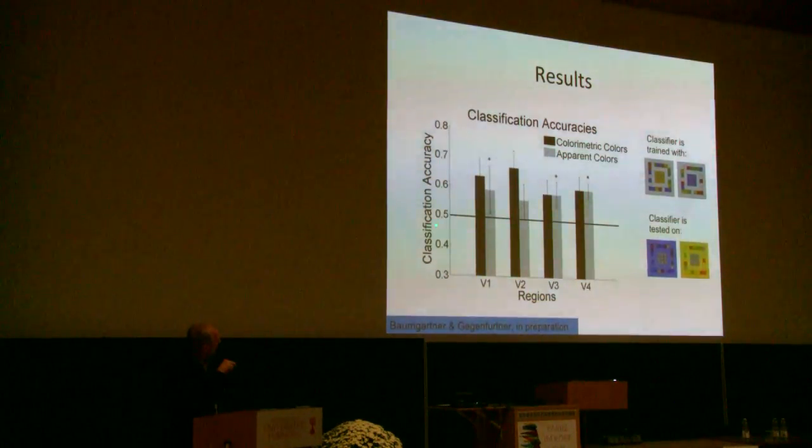And when we do that, we find that in areas V3 and V4 in extrastriate visual cortex, the classifier would differentiate between the apparent colors just as well as for the colorimetric colors. So you can argue that in these areas color constancy is achieved, whereas that's not the case in V2, and it's only partially the case in primary visual cortex V1.